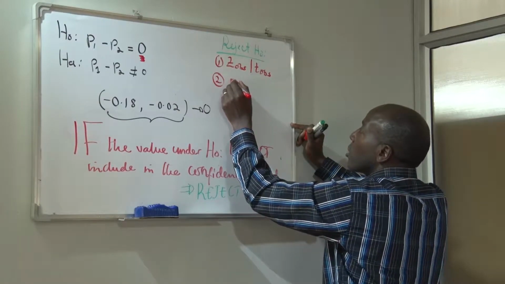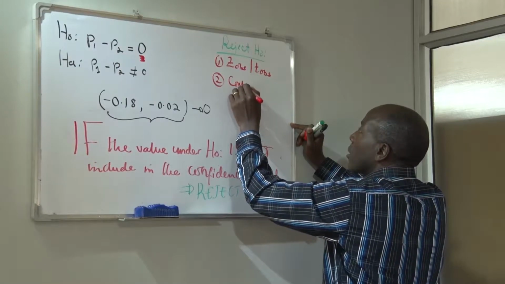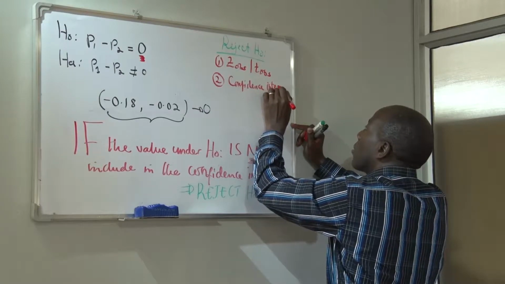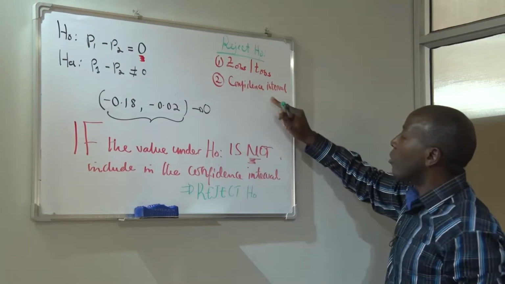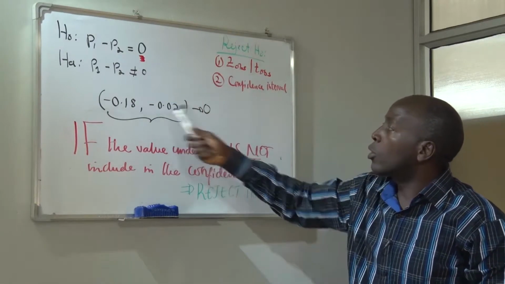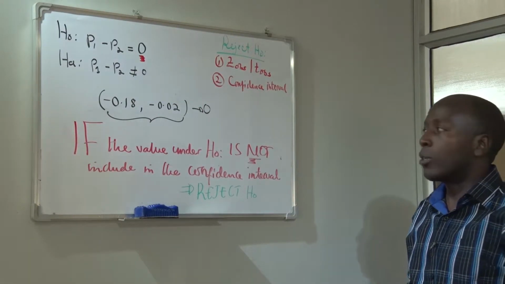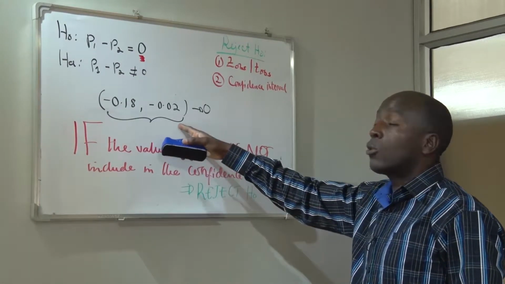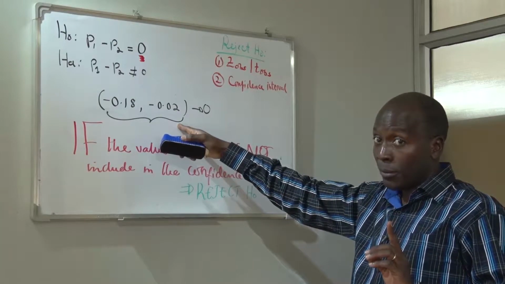Two is we use the confidence interval. How do we use the confidence interval? If the value under the null is not included in the confidence interval, then we reject the null hypothesis. If the value is included, then we fail to reject.